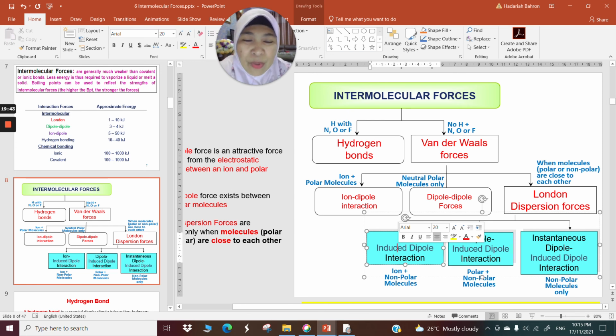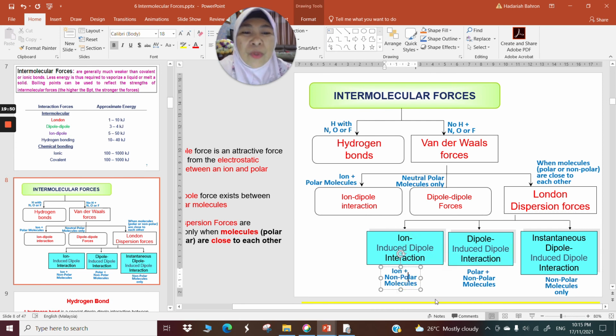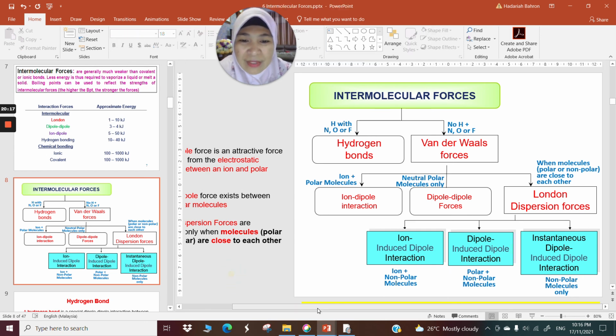Polar will always be dipole. So ion-induced dipole interaction is always between one ion, either a positively or negatively charged ion, and any non-polar molecule. For example, methane is a non-polar molecule. When you put, for example, sodium chloride in methane, you probably will get this ion-induced dipole interaction.